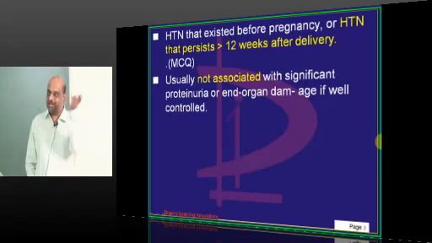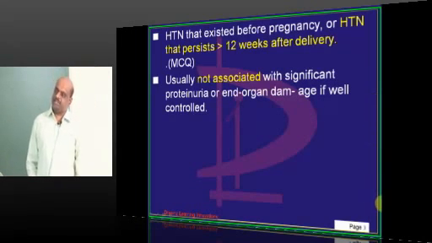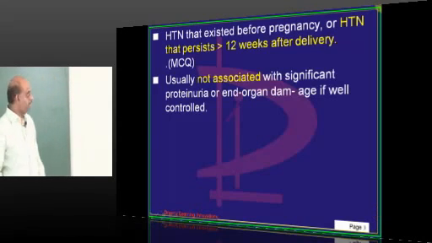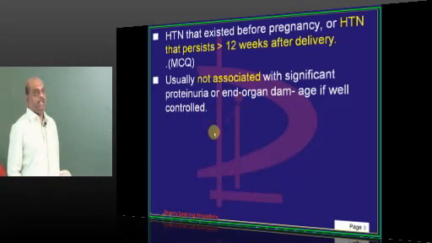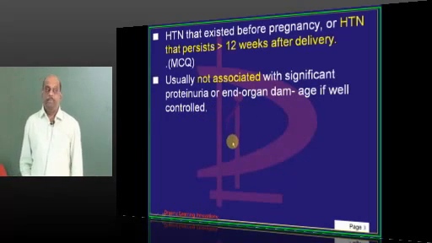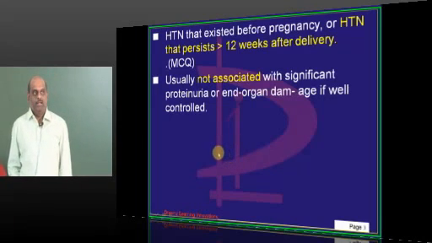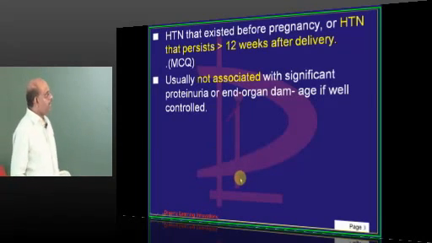Rather, it should be considered as an undetected pre-existent hypertension. Usually, you don't see any proteinuria or end organ damage if it is a well controlled pre-existent hypertension. You don't see any proteinuria or end organ damage.